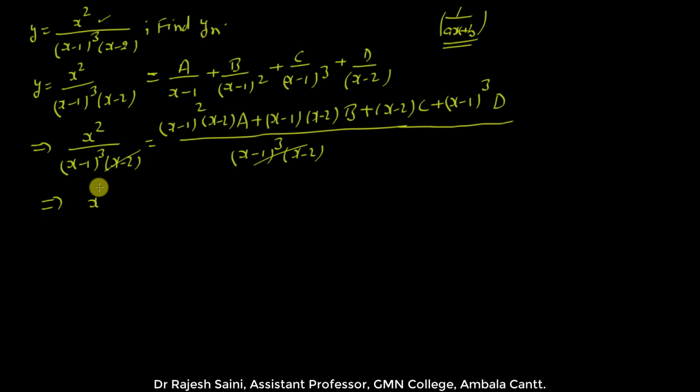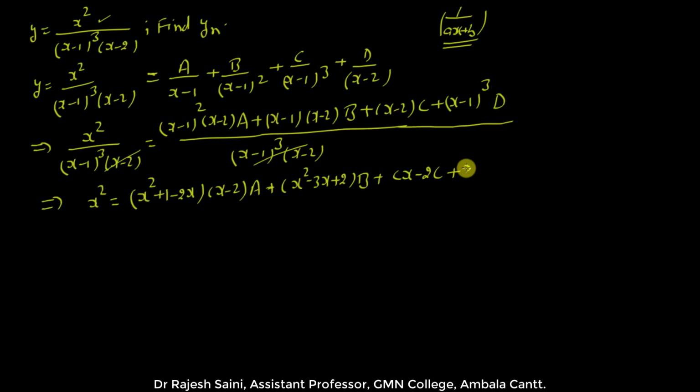This implies x square equals, now open this one: (x square plus 1 minus 2x)(x minus 2) a, multiplied with this, it will be (x square minus 3x plus 2) b plus (cx minus 2c).